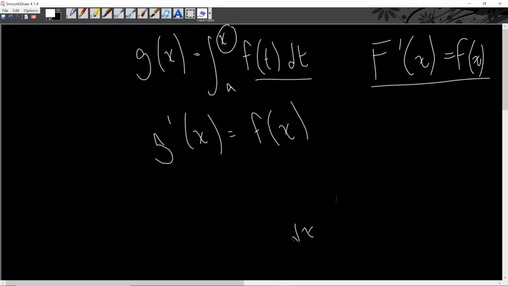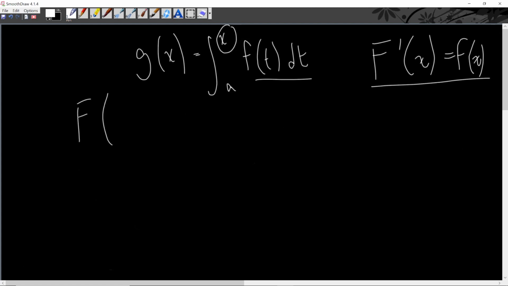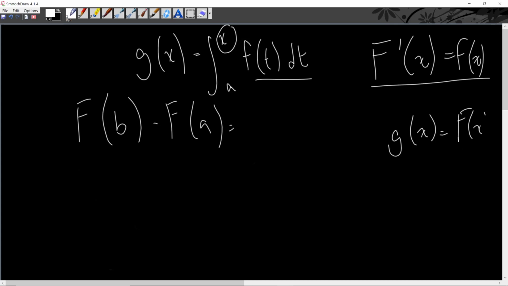So with those ideas in our head, let's work backwards. That's probably the best way to describe what we're going to do. We have big F of b minus big F of a. And now let's plug that into what we said. We said that g of x is equal to F of x plus c, right?